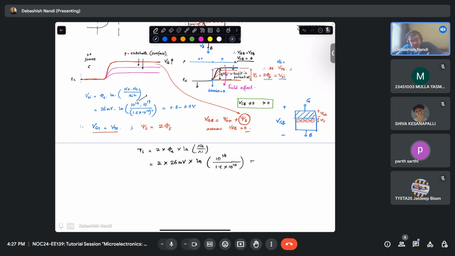If you compute this, it will be around 0.8 to 0.9 volt. So this value and this value are matching. That means the initial barrier you had, when your 2 phi f, this line will get pushed to this value. So the barrier at the source and surface interface will almost be equal to 0.